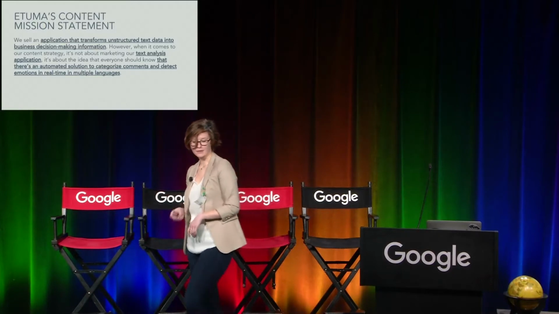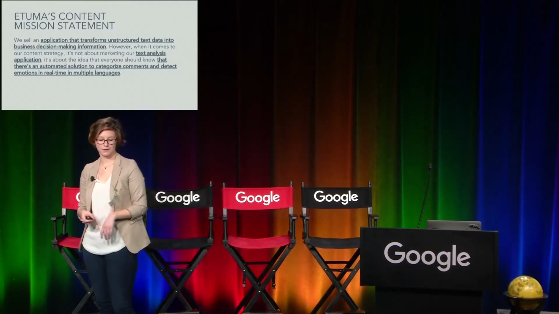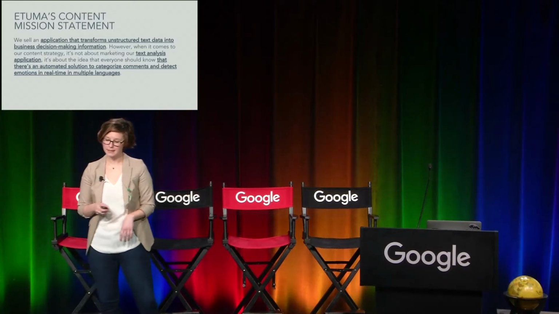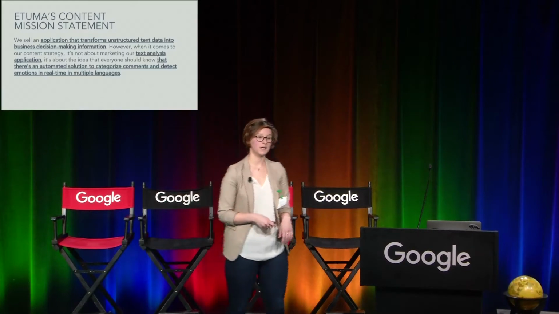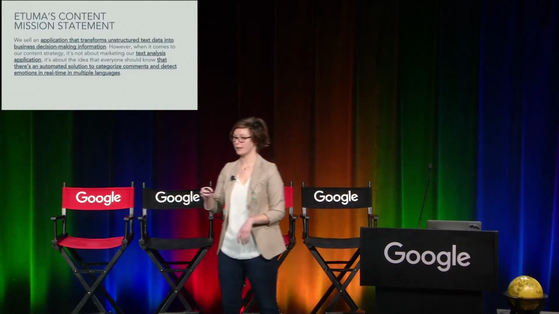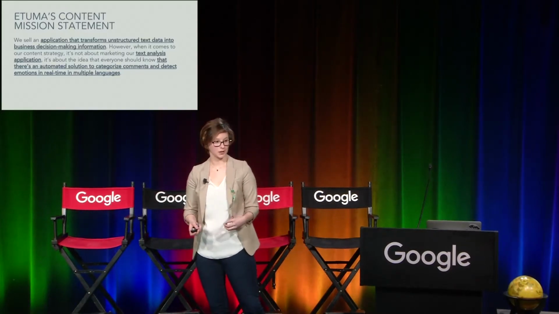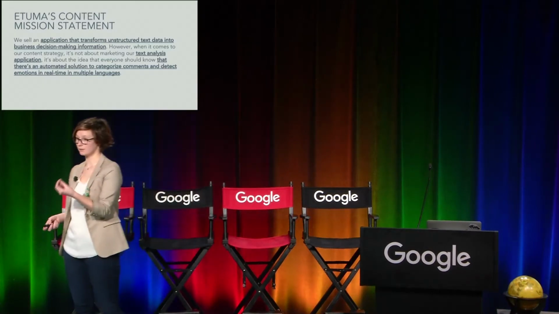It's about the idea that everyone should know that there's an automated solution to categorize comments and detect emotions in real time in multiple languages. So rather than focusing on their product, they're trying to solve the unique challenge or goal of their users through education. There's this problem that exists, and there is this solution.